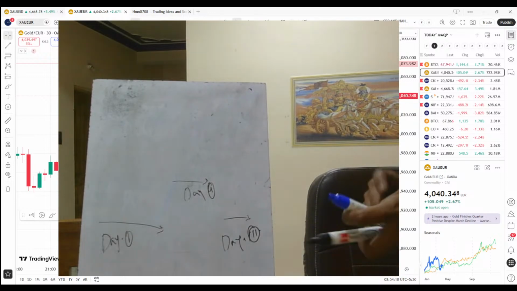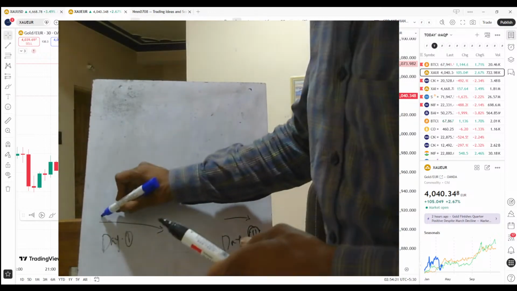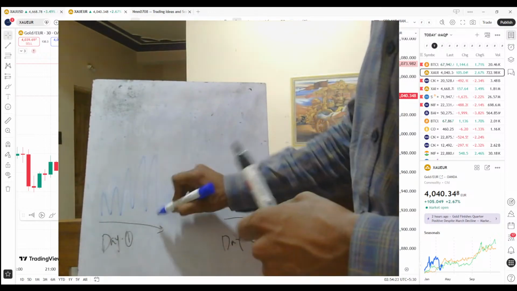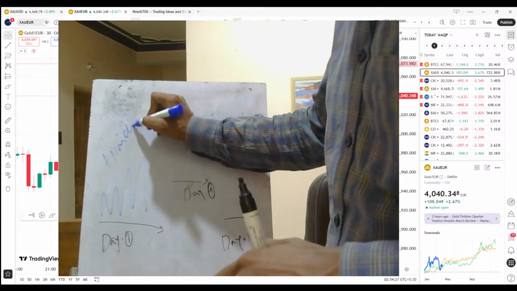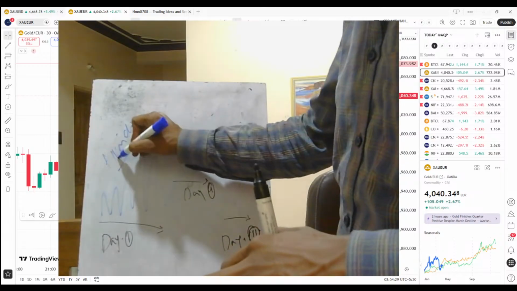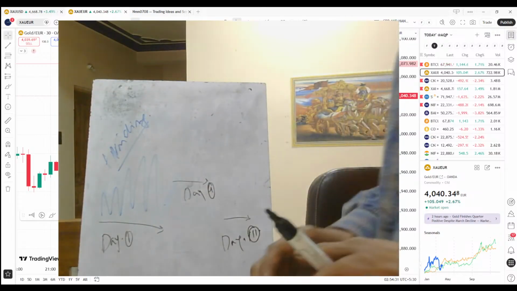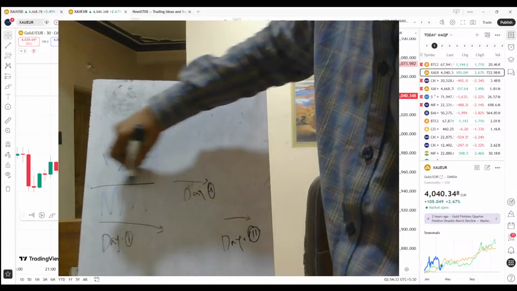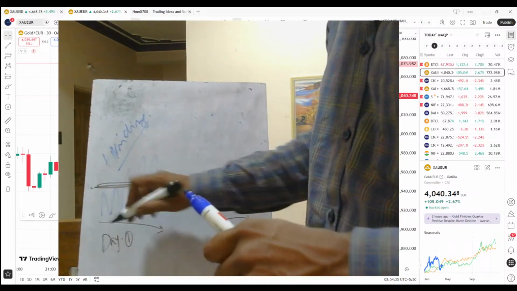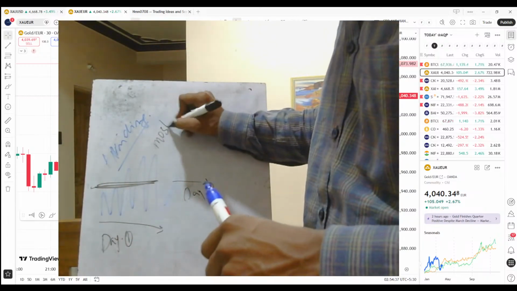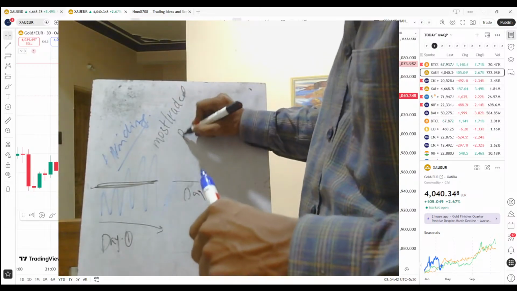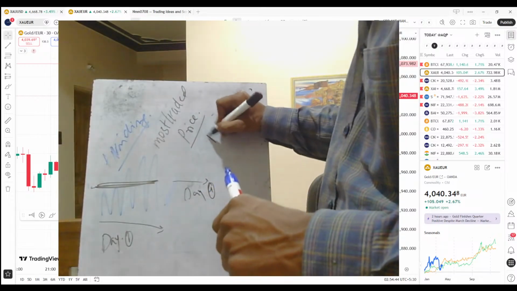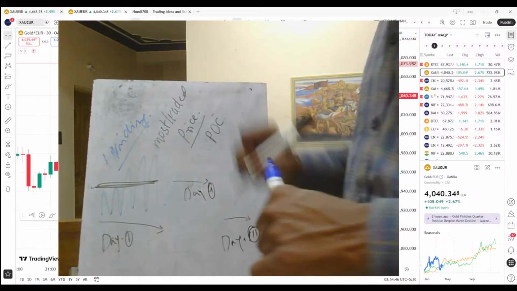So basically what the indicator does, whatever trading activity happened for this day, its most traded price, whatever it can be, any price, most traded price is called POC.